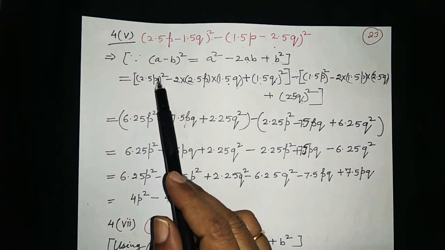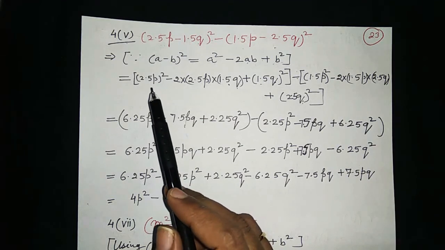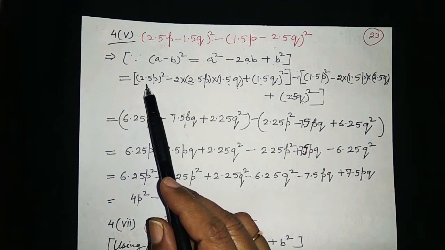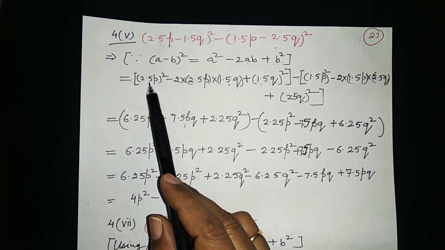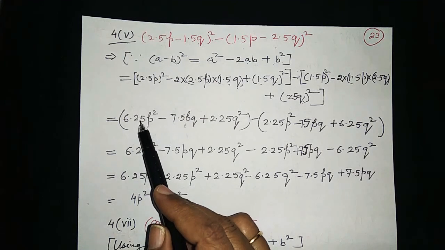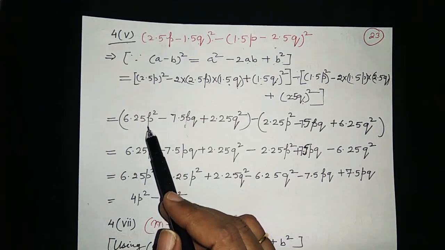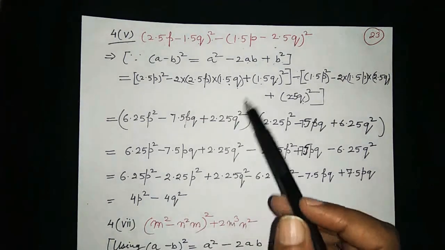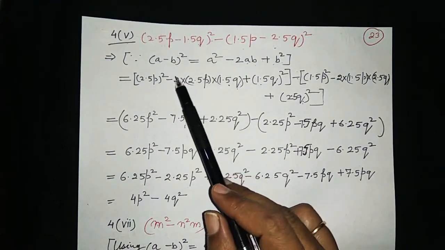Now 2.5p whole square we will do. You know 25 into 25, what? 625. So here if you multiply 2.5 into 2.5, what will come here? 6.25p square. Okay. Now here we will multiply this.